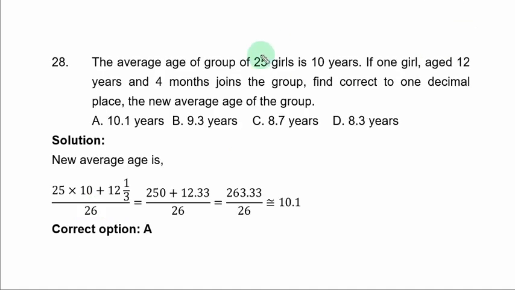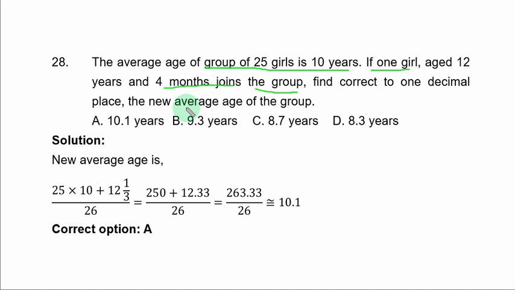Question 28. The average age of a group of 25 girls is 10 years. If one girl aged 12 years and 4 months joins the group, find, correct to 1 decimal place, the new average age of the group.